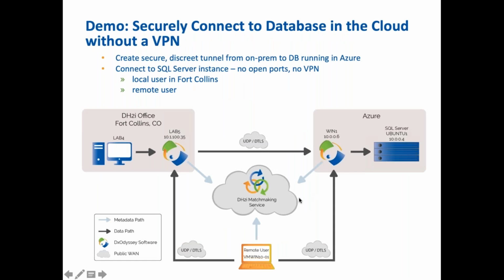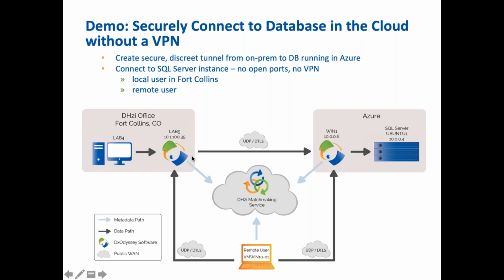So what I want to do now is go through a live demo to illustrate this solution. What we're going to do is take a look at a gateway group, a set of gateways that we have already joined together. One in one of our offices in Fort Collins, Colorado, and the other running in Azure.